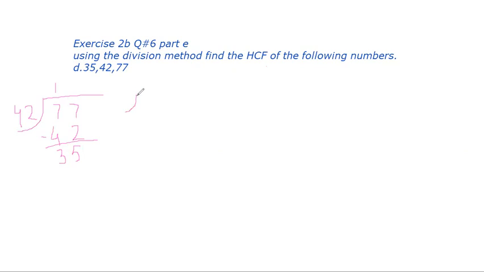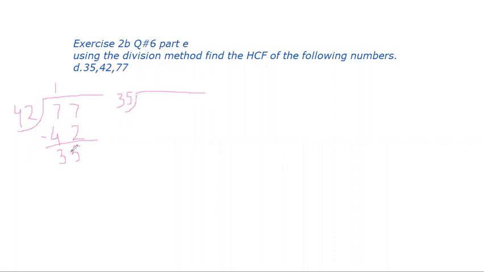Again, we have to make a division sign. And our 35 remainder will become the divisor in this step.